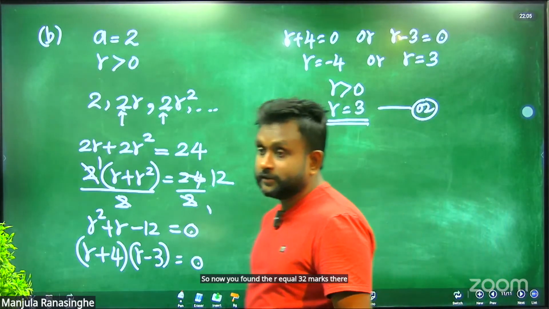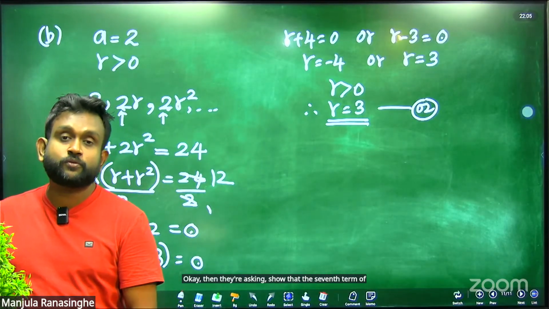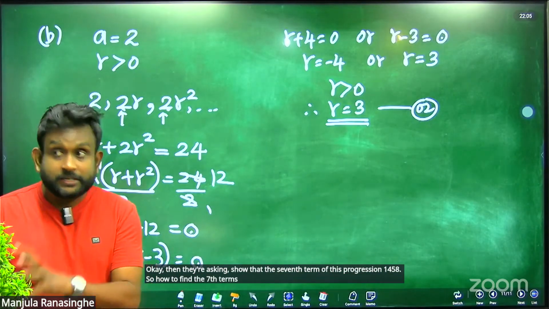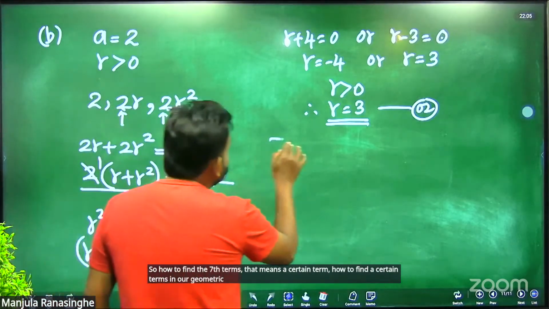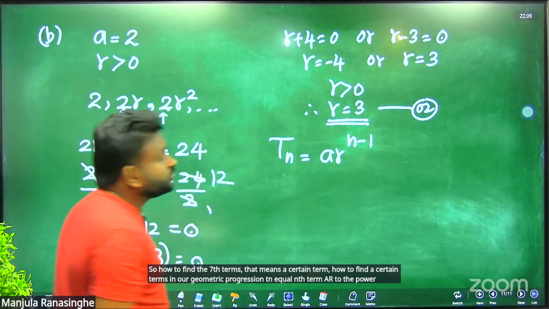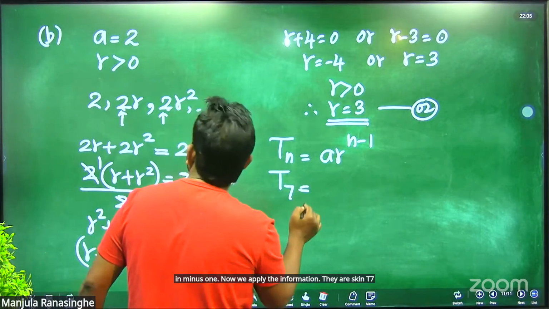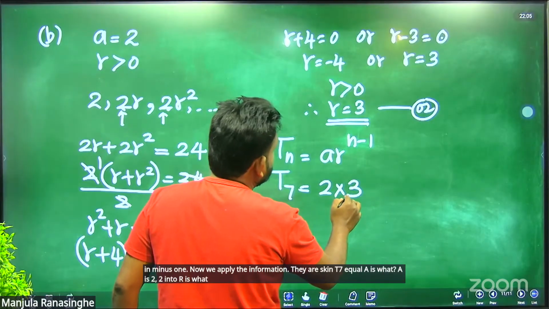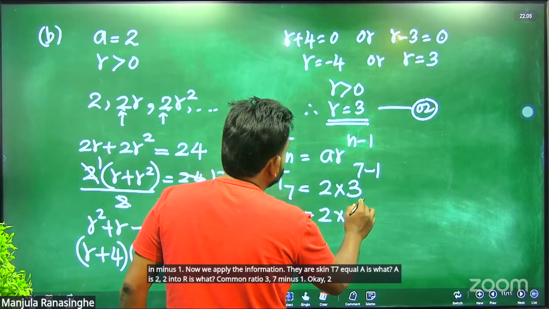Then they're asking to show that the seventh term of this progression is 1458. How to find a certain term in a geometric progression? Tn equals a r to the power n minus 1. Now apply the information. T7 equals a is 2, into r, the common ratio 3, to the power 7 minus 1.